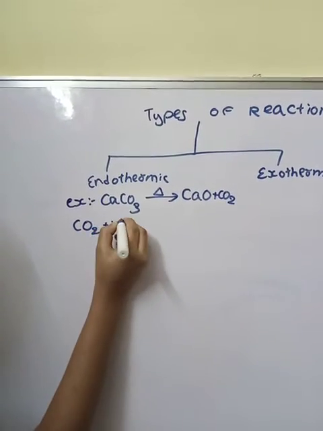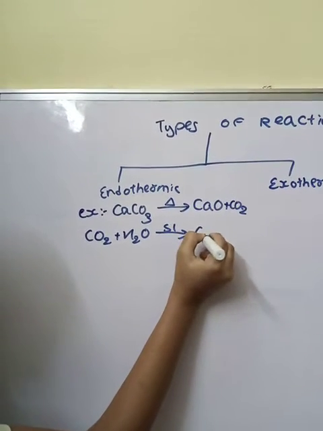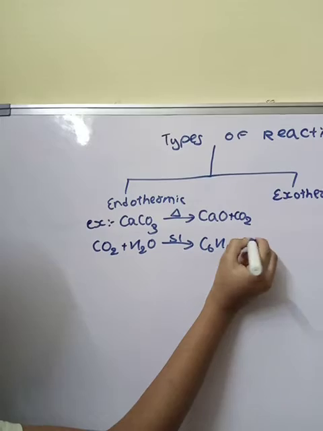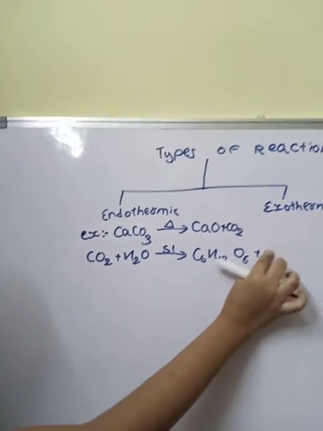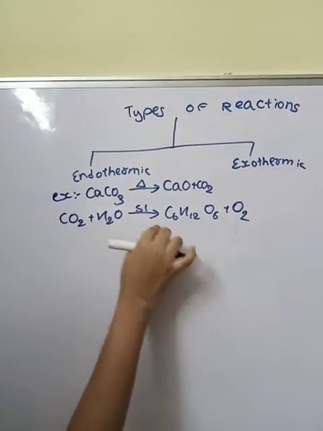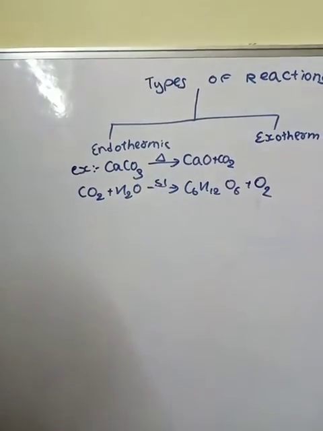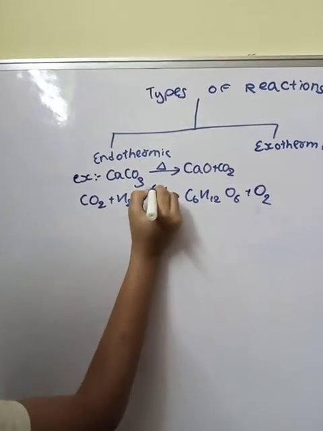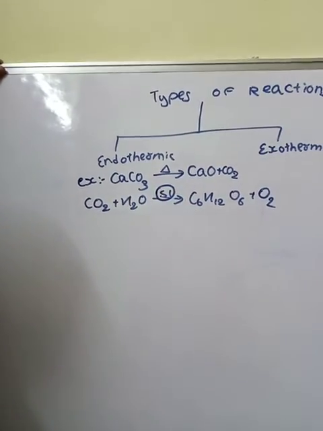CO2 plus H2O in the presence of sunlight becomes C6H12O6 plus oxygen. This is also an example of an endothermic reaction. The energy which I passed is in the form of sunlight.